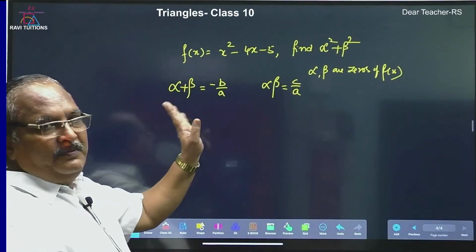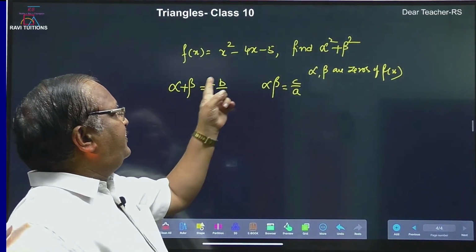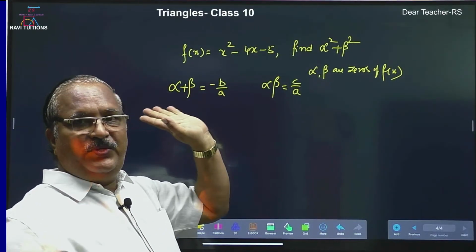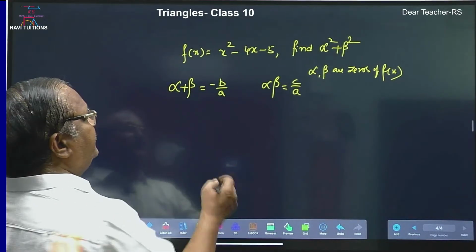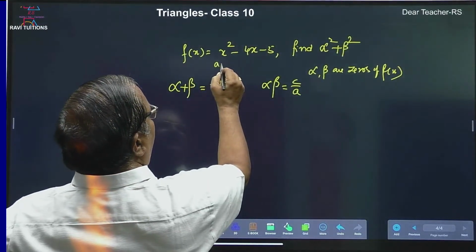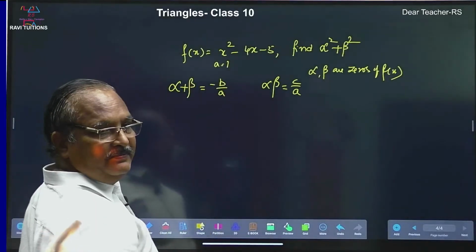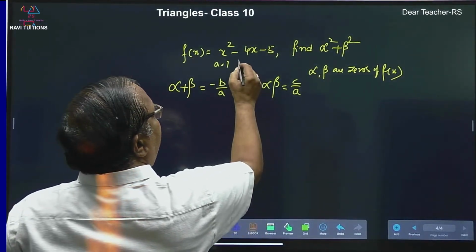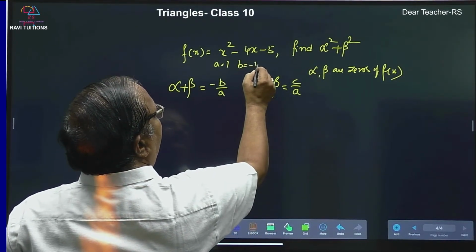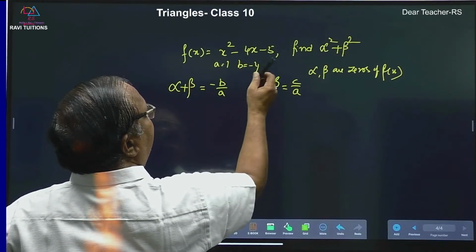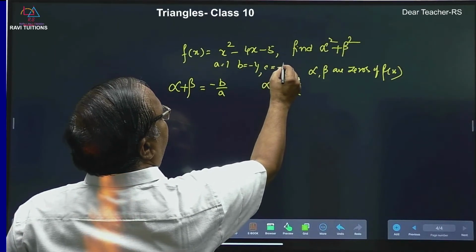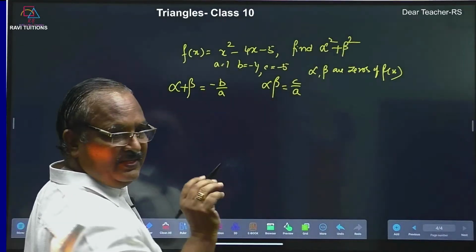Anyhow, let us come. Alpha plus beta is equal to this, alpha beta is equal to this. You have to find out the values. So a is equal to 1, the coefficient of x square. B is equal to minus 4, the coefficient of x. And C is equal to minus 5, the constant.